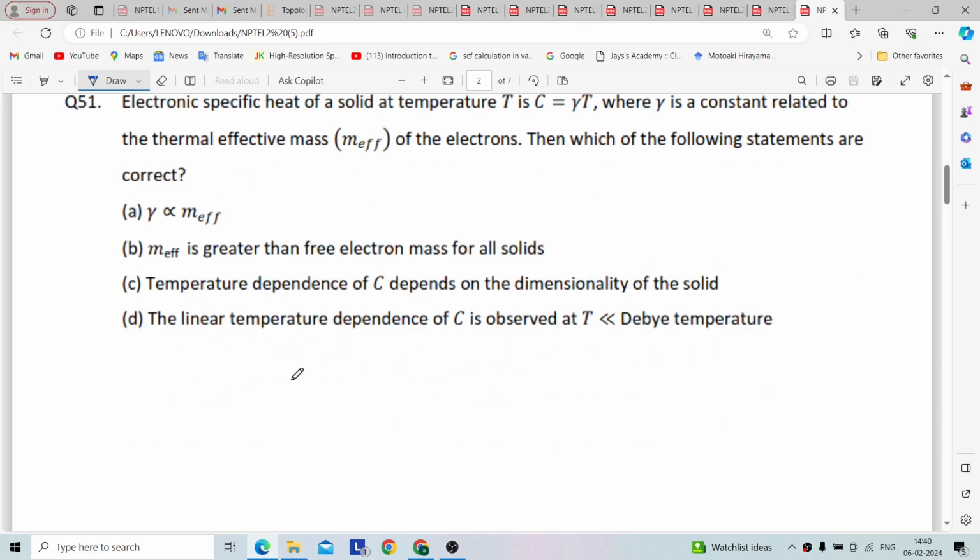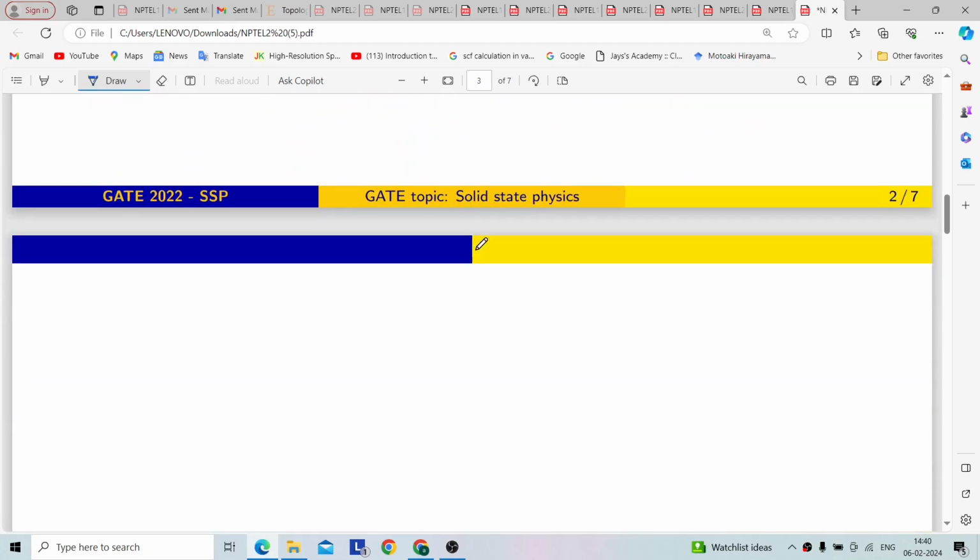Okay, so for this case, it is written as C equals gamma into T, and it is for electronic specific heat. So there are some comments on the electronic specific heat. Let me first see the first option.